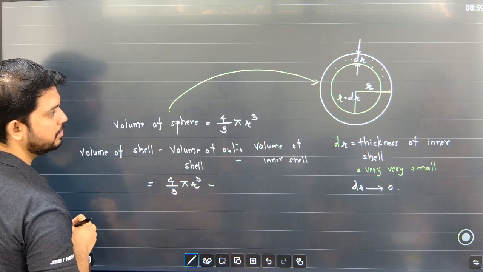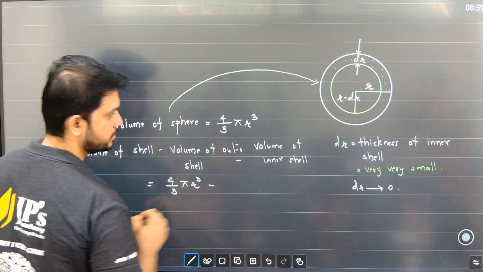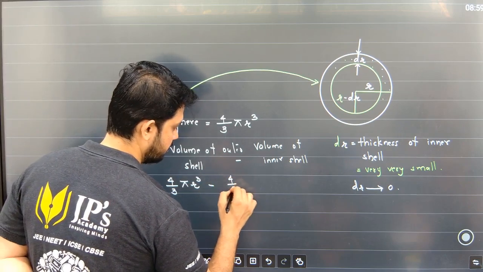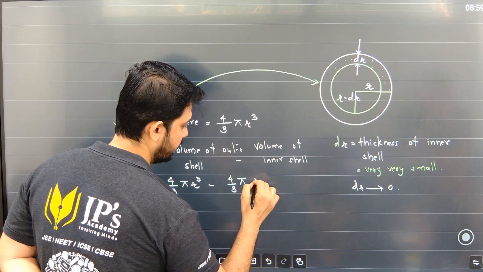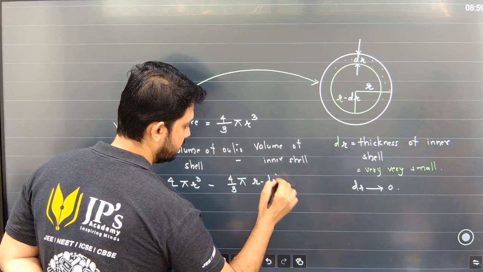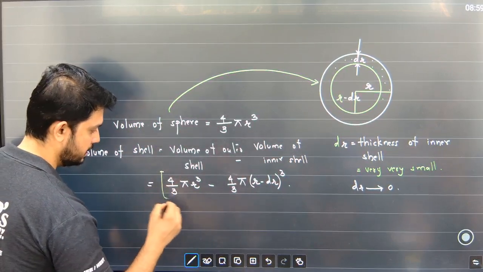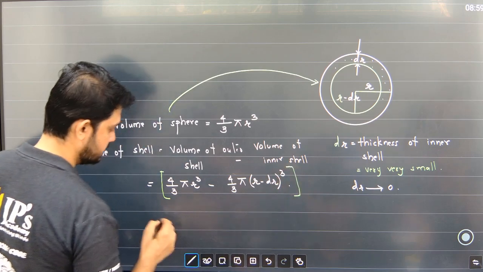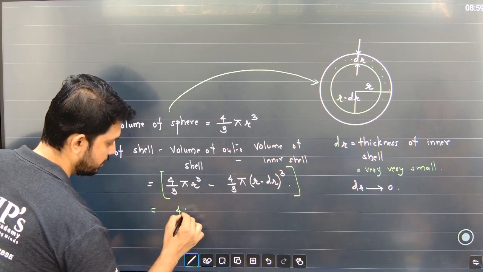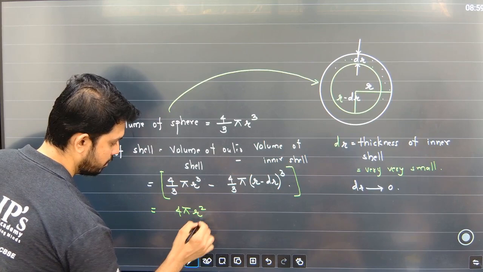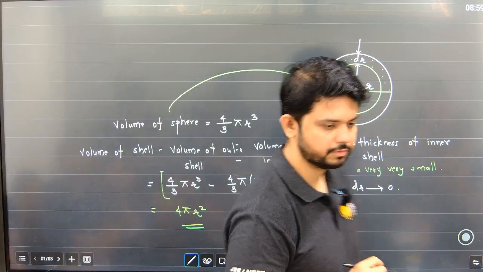And what is the volume of the inner shell? 4 upon 3 pi, r minus dr, the whole cube. Eventually when we solve this, we get the value 4 pi r square.